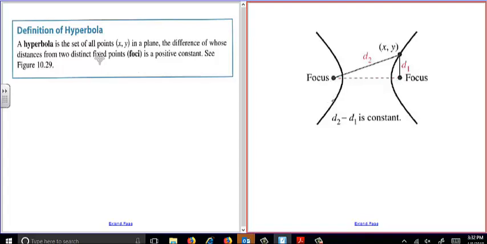Instead of the sum of the two distances to a point on the ellipse, for a hyperbola it's the difference of the two. This is one part of the hyperbola, and this is another one, depending upon whether D2 is greater than D1 or D2 is less than D1.